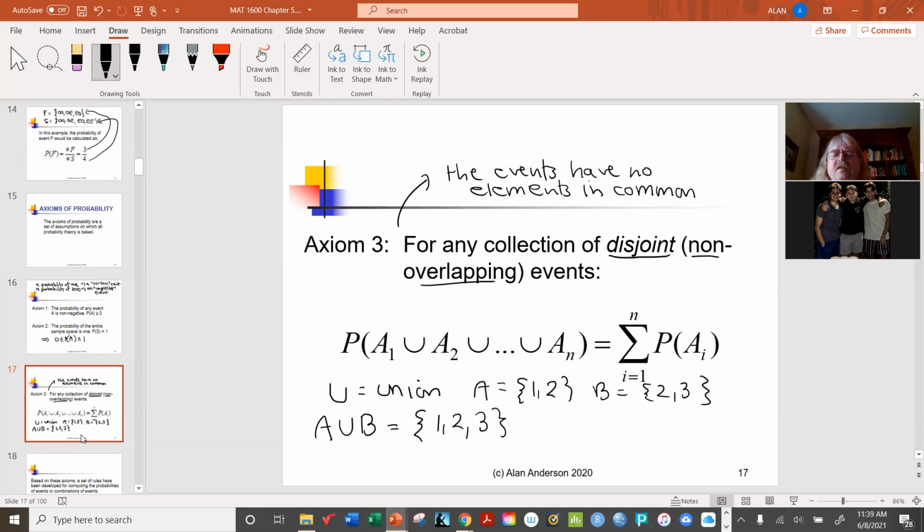We only want to list the unique elements. So the new set A union B is 1, 2, 3. It is simply the result of taking A and B and combining them. Sometimes, by the way, in some textbooks, union can be written as or, because it means the same thing as the English word or.